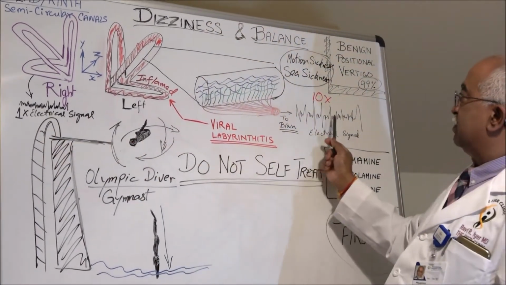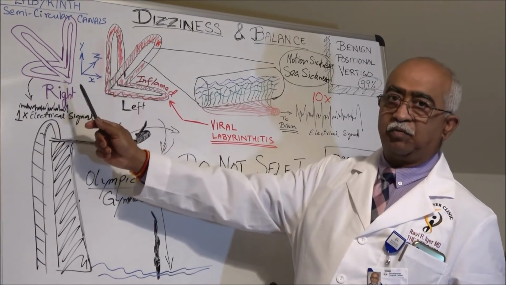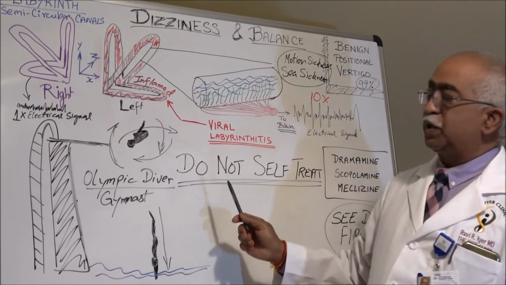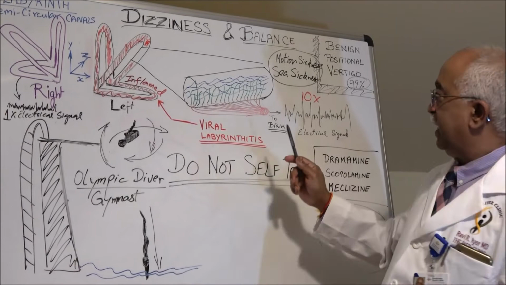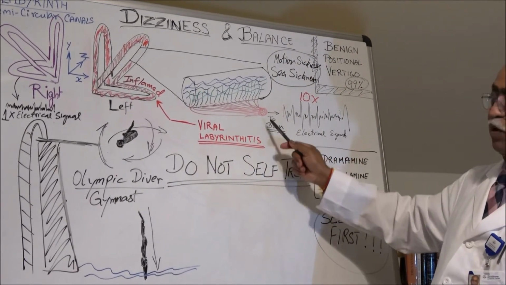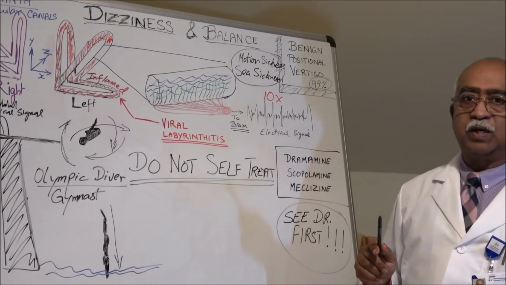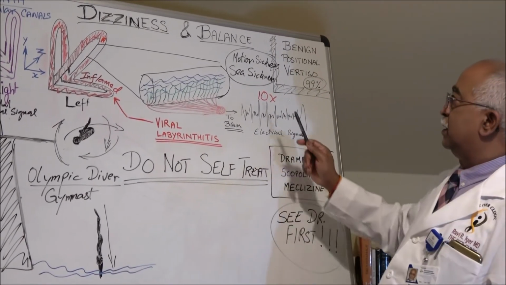And this asymmetry of the signal coming from one side versus the other side produces an asynchronous signal to the brain, and that confuses the brain, and therein it produces vertigo or dizziness.